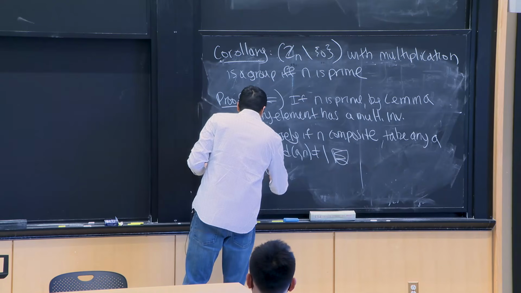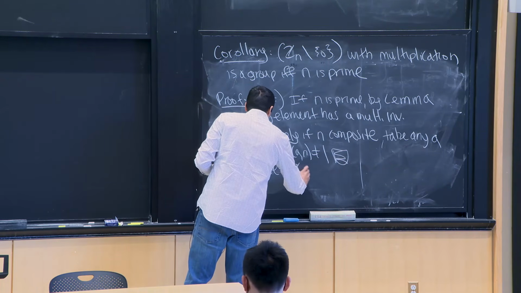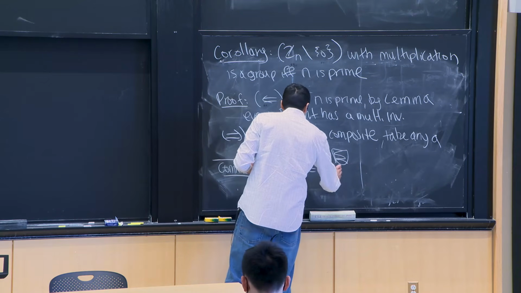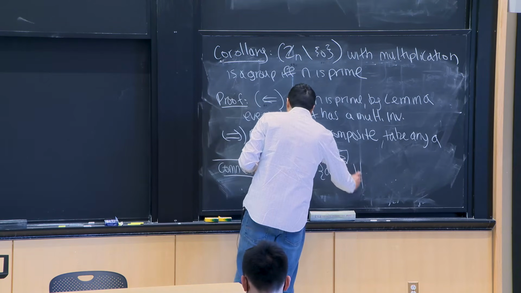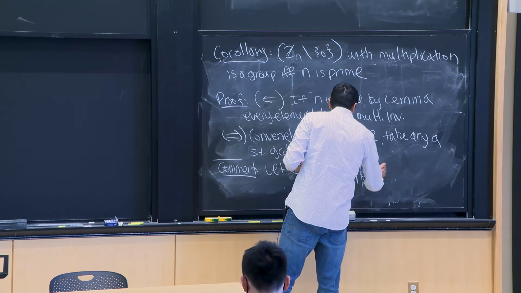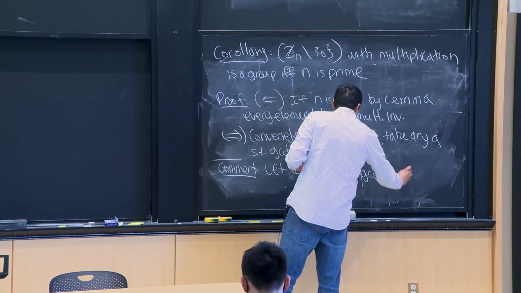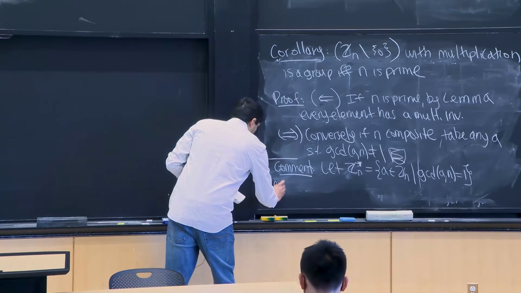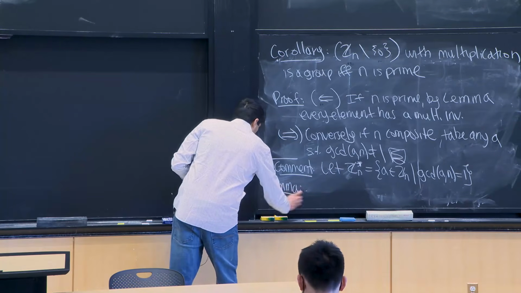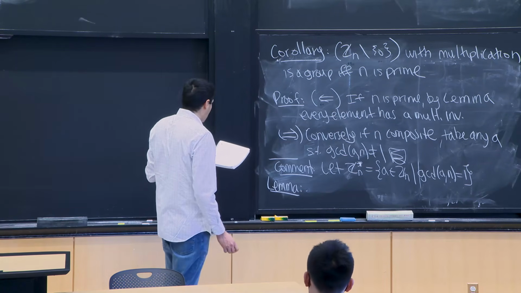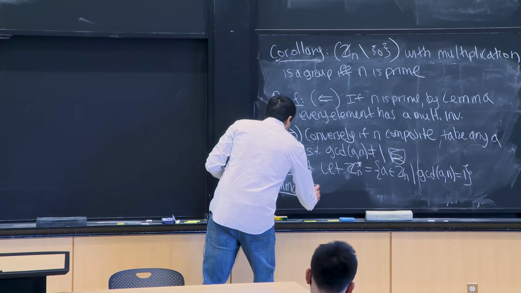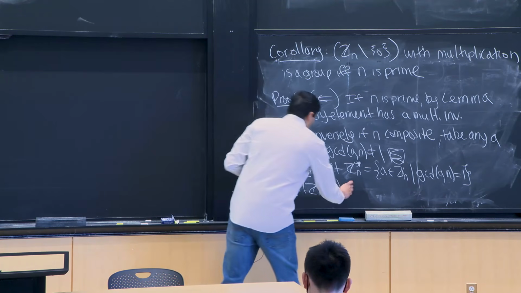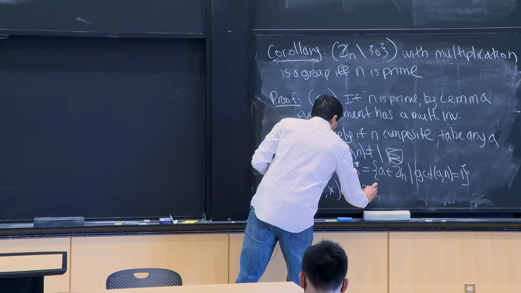We can let Zn star be the set of elements A belonging to Zn with the property that the GCD of A and n is equal to 1. What I claim, and I'll just assert this, but the proof is very simple and again follows from the key lemma from last time, is that Zn star equipped with the multiplication operation is a group.